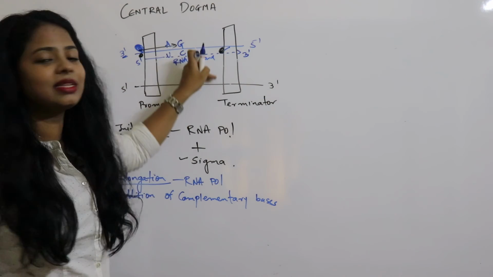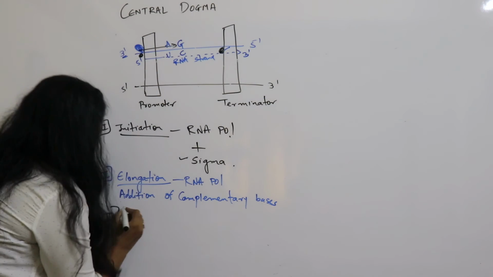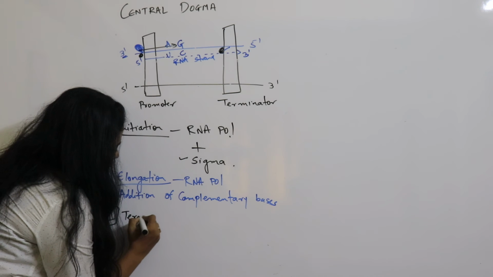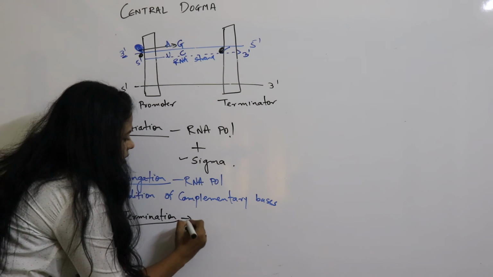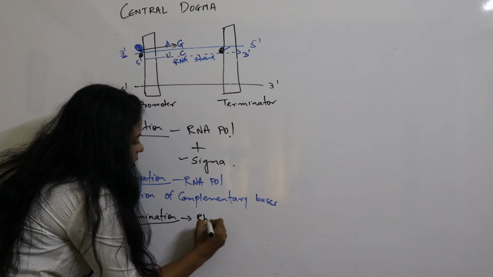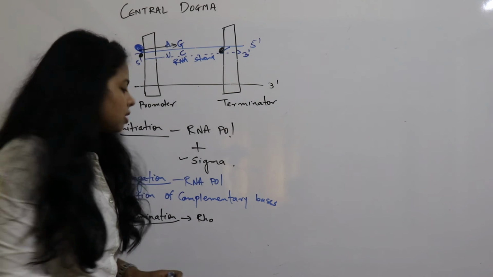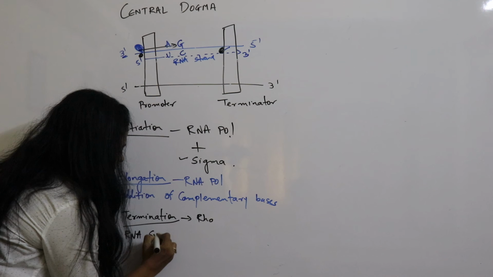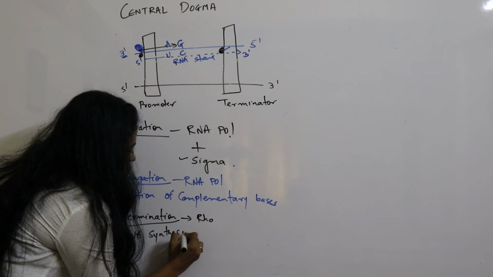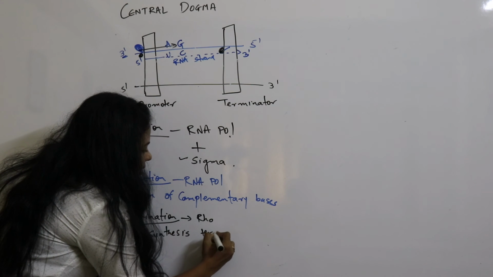The process of synthesis stops. Therefore, the last step is termination. This requires rho factor, and this is the point at which the RNA synthesis stops or terminates.